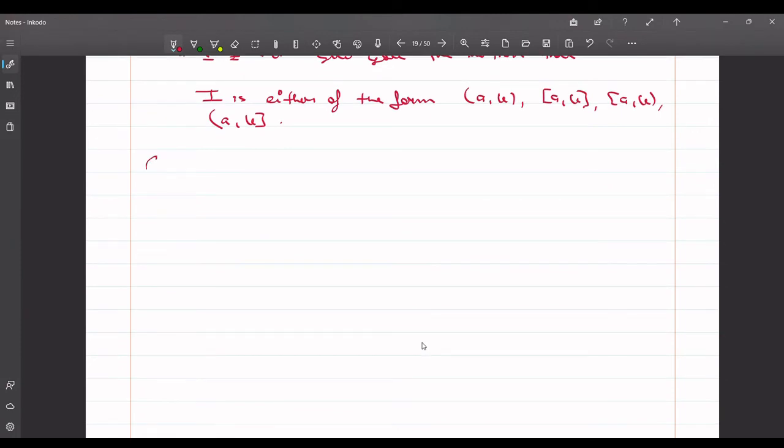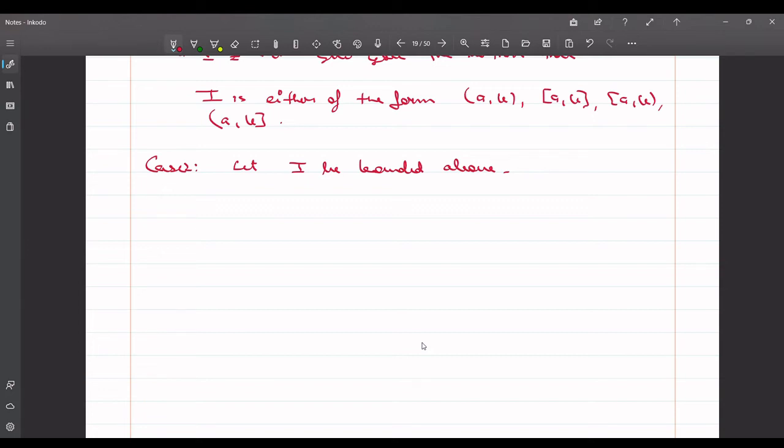The same thing you can do for case 2, taking it only bounded above or below. In case 2, let I be bounded above. Now I am proving this for bounded above only, and you can do it on your own for bounded below; the same steps you need to follow.